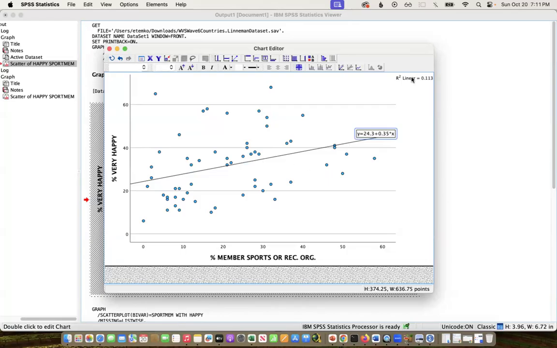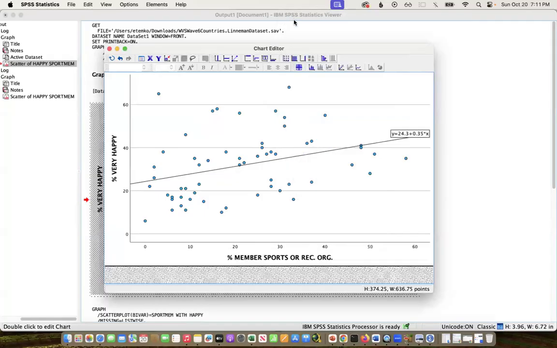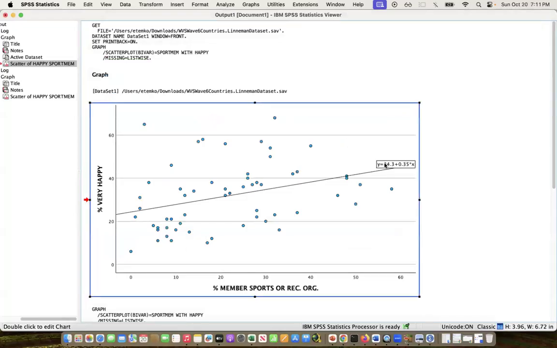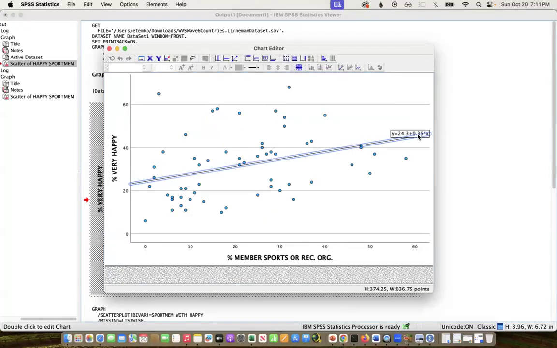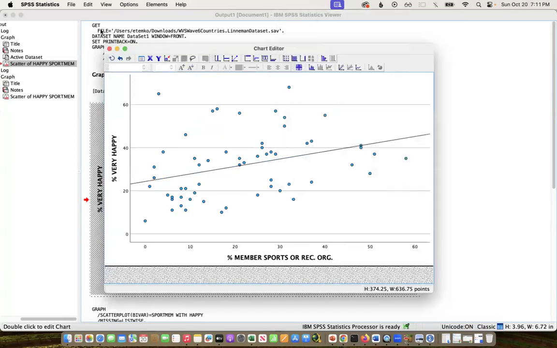We don't need R squared at this point. I'm deleting that. So I just clicked on it and clicked delete. I could just drag this out of the way, and that way when I exit this, you'll see it stays over there and it's not blocking anything. Or if I don't want the equation, I could also just click on that box and click delete, and it'll also go away.